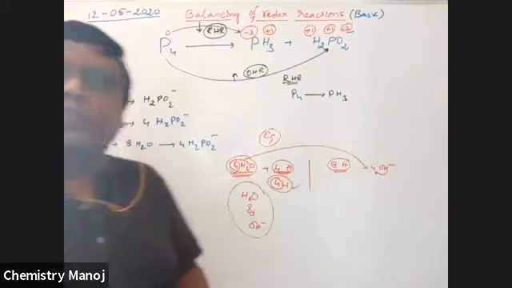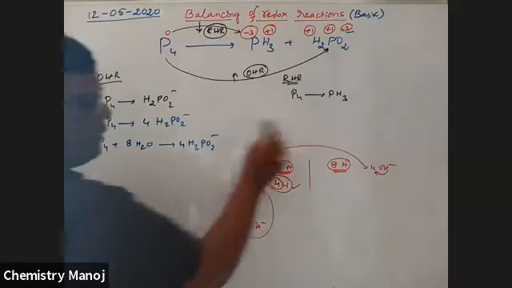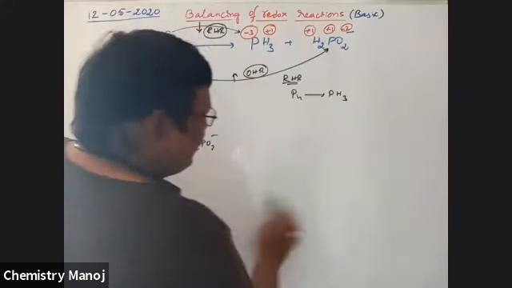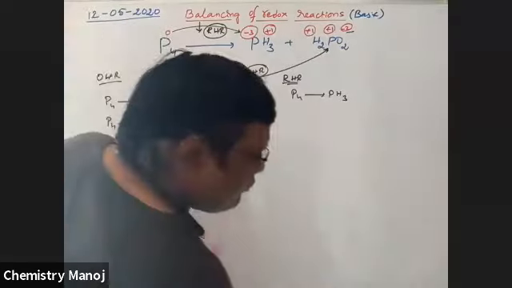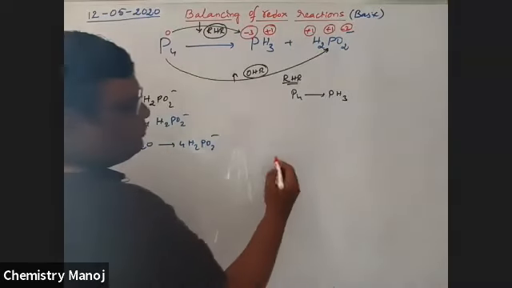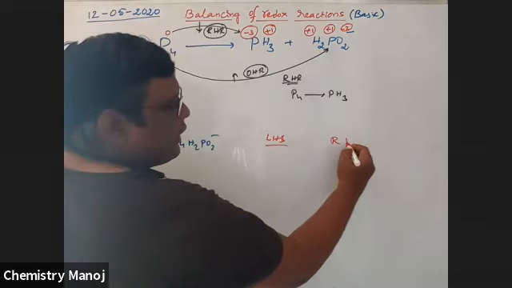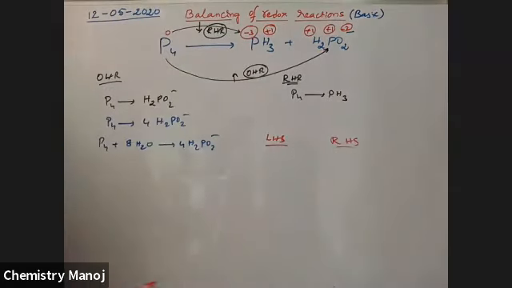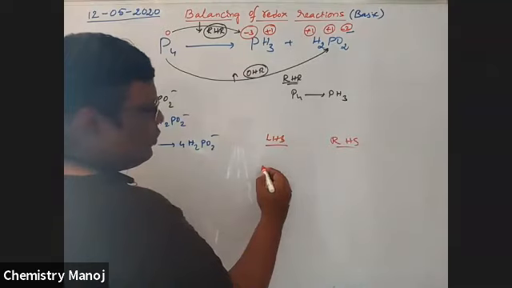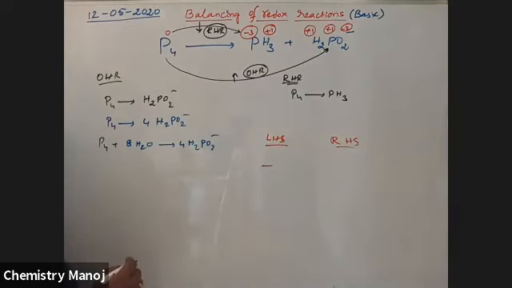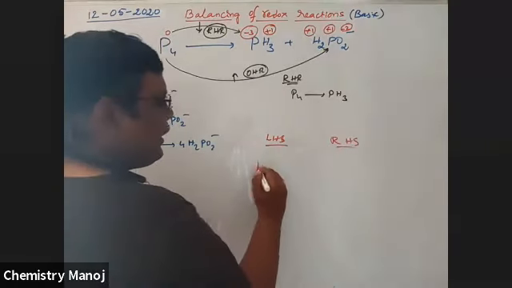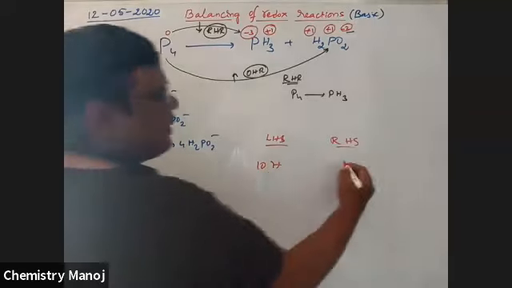Once again I'm going to explain. See here, it's not that easy. For example, LHS 10 hydrogens, RHS no hydrogens.